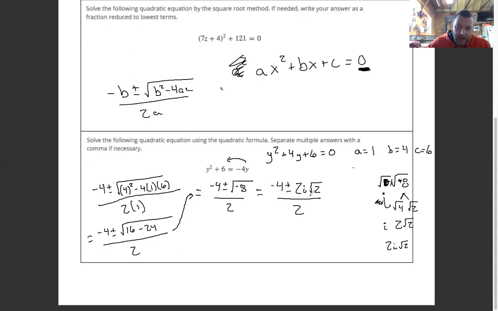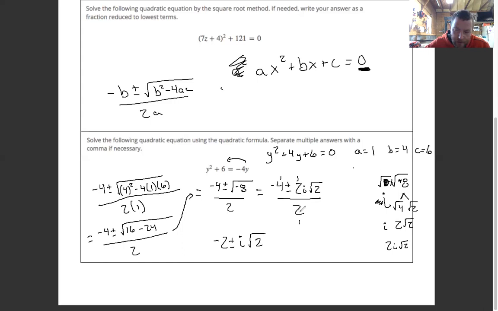And if you can simplify it, everything has to be divisible. Not the radical, but here, here, and here all have to be divisible by the same number. And they are. Everything's divisible by 2. So I divide every single number by 2, and I get negative 2 plus or minus 2 divided by 2 is 1, so it's just going to be i radical 2.